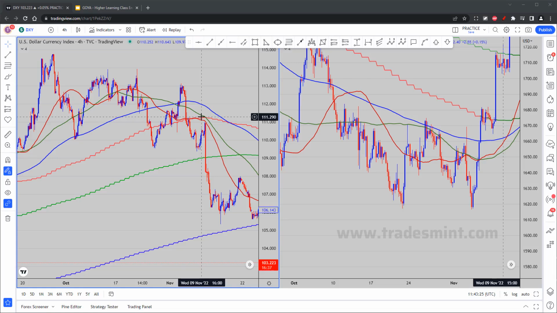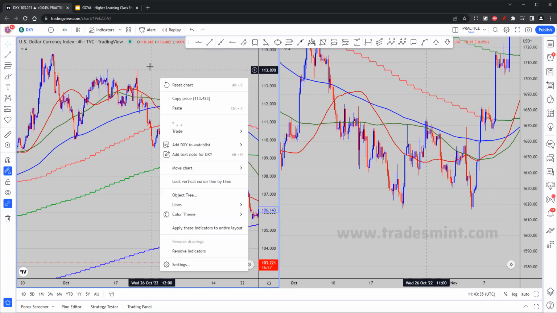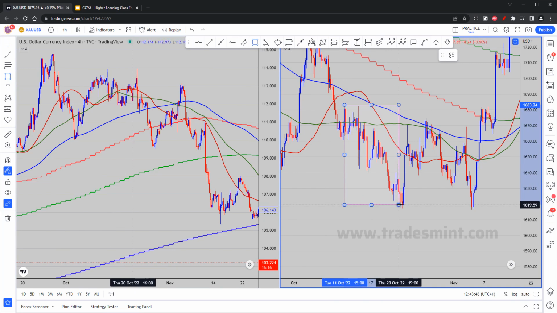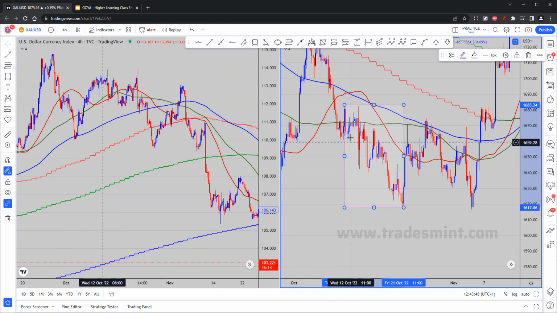Alright, so now let's do an example on the chart of how we can spot those natural or unnatural, or we can say artificial, DXY correlations. In this example, we have DXY here and we have gold on the right. If we look at gold, from here to here, let's say this period of time, gold is going down.